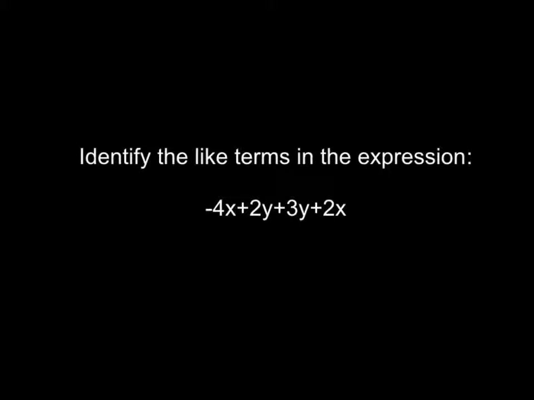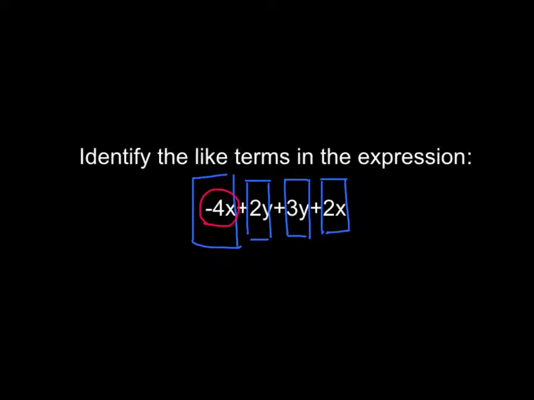All right, I'm going to break this up into terms. So here are my various terms. And then from there I need to figure out which ones are the like terms. So I'm going to circle like terms with red and circle some other like terms with white.